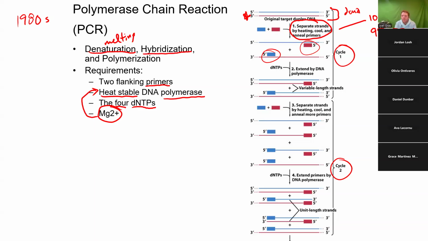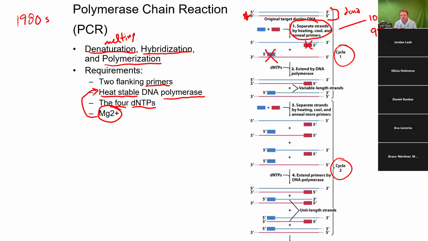The next step is your hybridization, where your oligonucleotide primers anneal or bind to your template strands. Then the last step is your polymerization. What this is illustrating right here and right here is the hybridization. Your oligonucleotide primers bind to the two template strands.